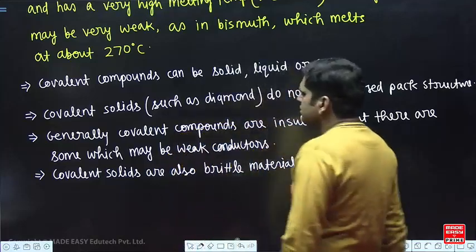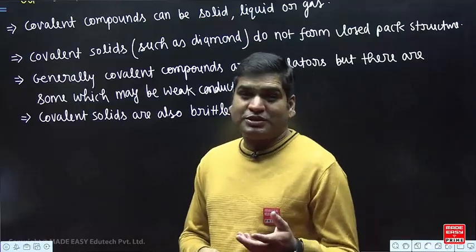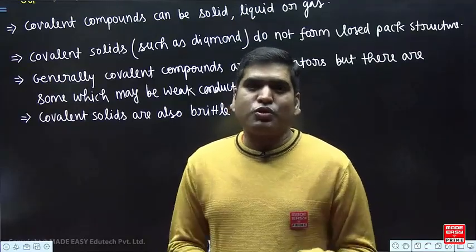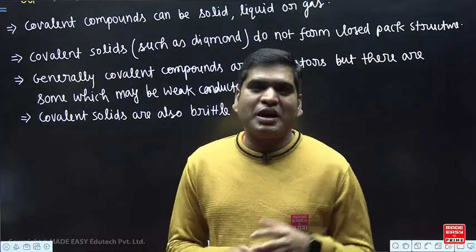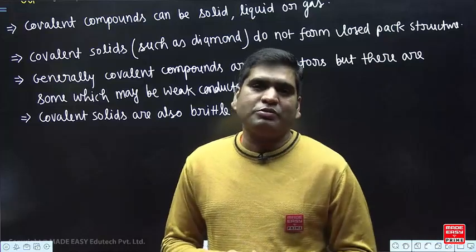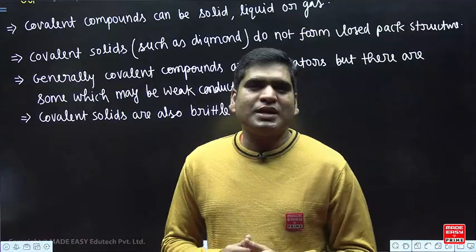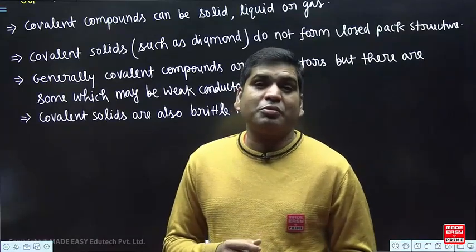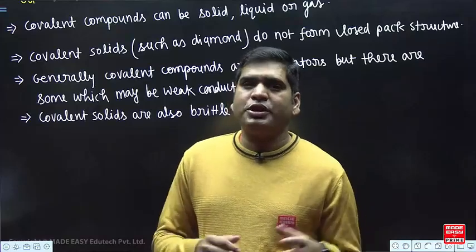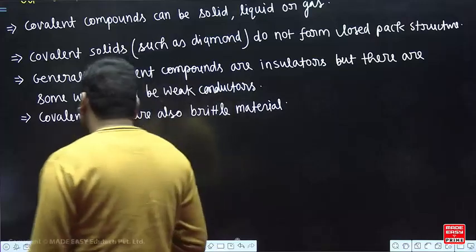Now the next point is, if there is a pure covalent solid like diamond, it cannot be dissolved in water. Because water is a polar solvent, so it has H plus and O minus. So it can dissolve only ionic compounds. But if it is a pure covalent compound, then there should not be any poles. And if there are no poles, then it cannot be dissolved. So covalent solids cannot be dissolved in liquid, or they are insoluble in water.